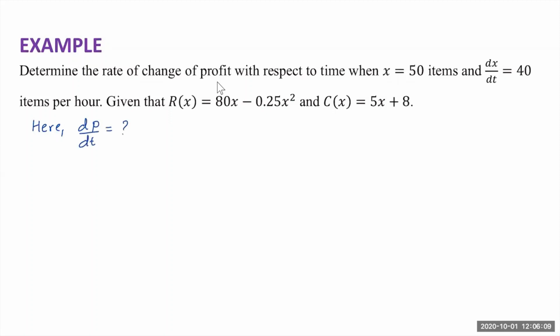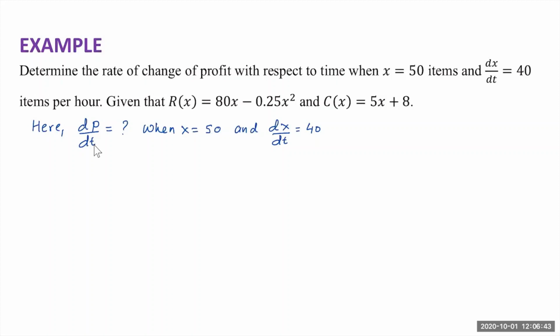Determine the rate of change of profit with respect to time when x is equal to 50, that is given to you, when x equals 50 items, and dx over dt, change in number of items with respect to time, is equal to 40 items per hour. They have given the revenue function, they have given the cost function, but we want to find the change in profit with respect to time.